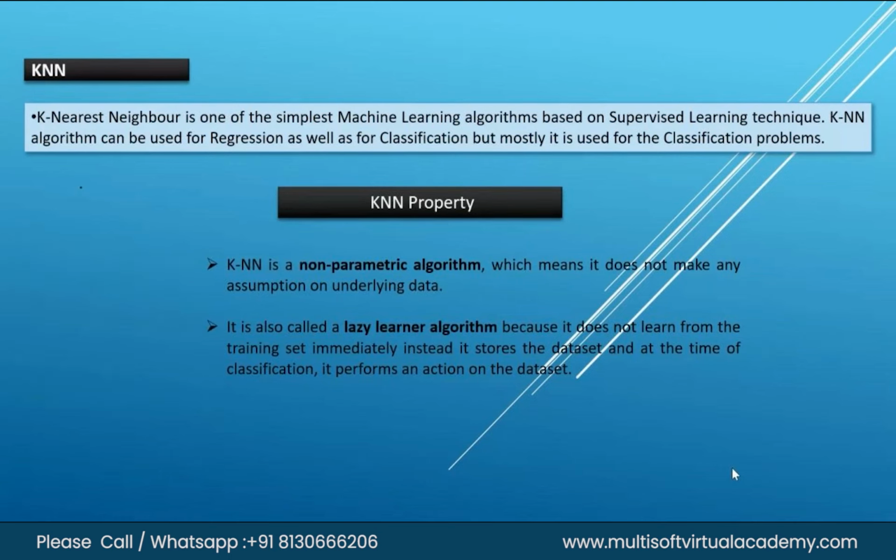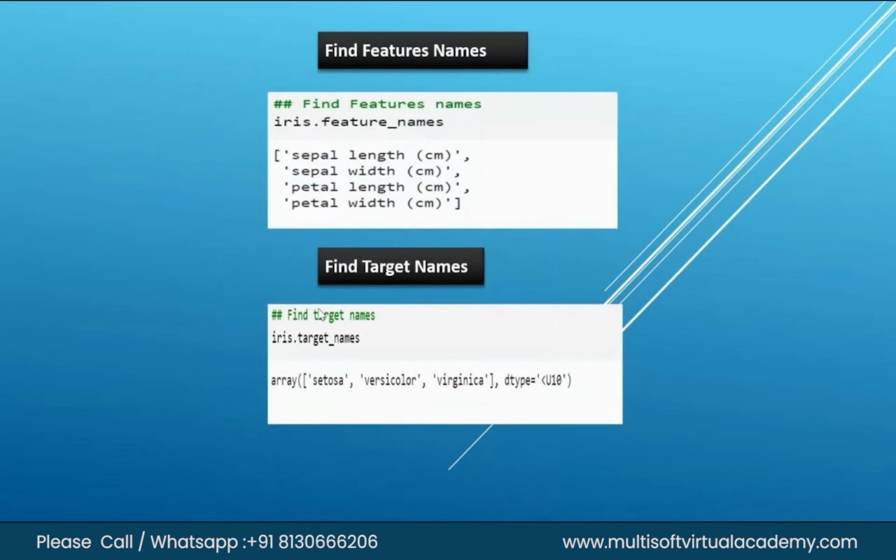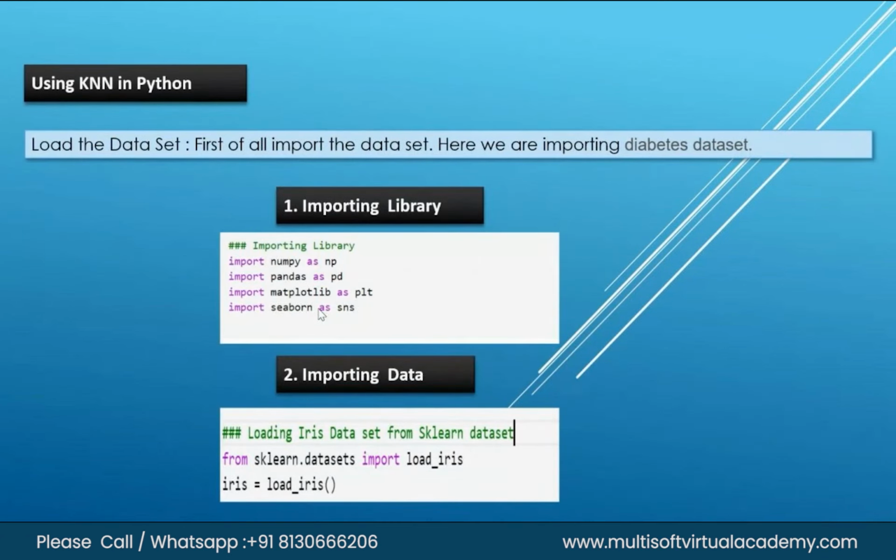Yes, it's clear. So I will go to the Python environment and import all the libraries which are responsible for the particular performance. Suppose one library is NumPy. NumPy is mainly responsible for numerical performance.